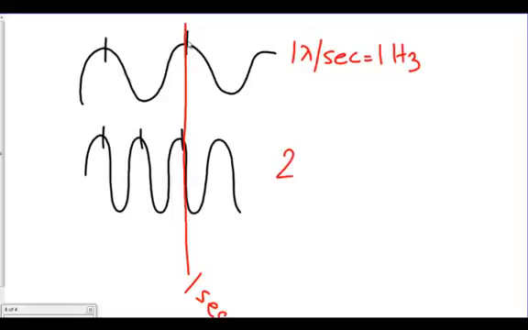The bottom wave, however, gets 2 wavelengths per second, so it is going to have a frequency of 2 hertz. So as my frequency went up, the distance between crests, my actual wavelength, goes down.